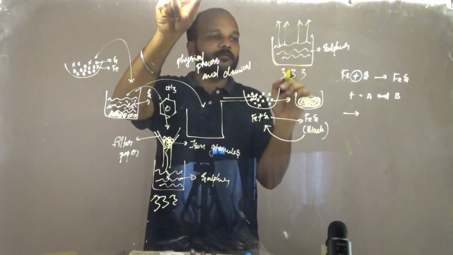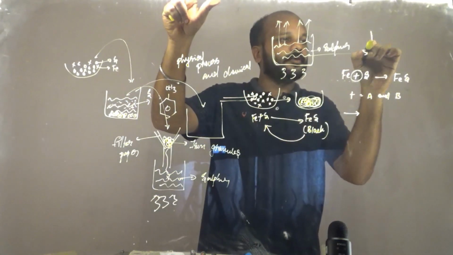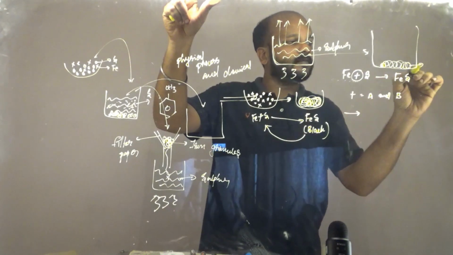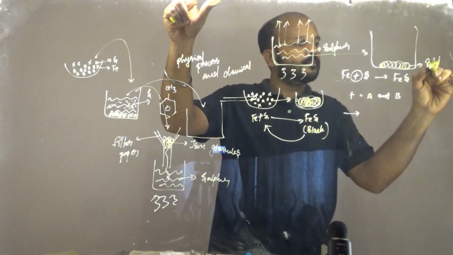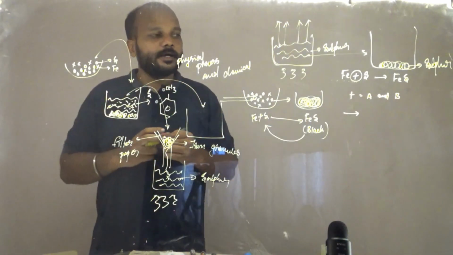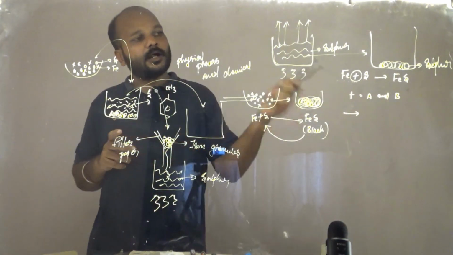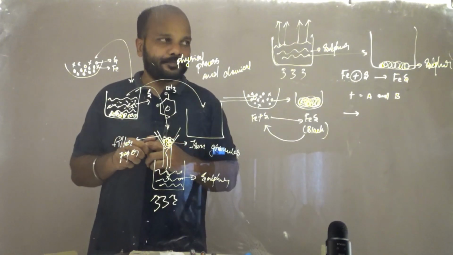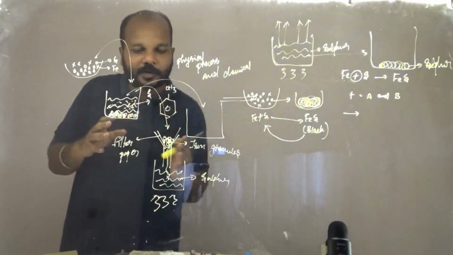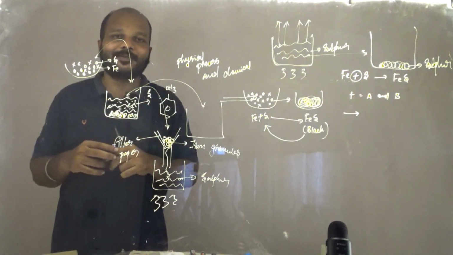After some time the sulfur remains at the bottom. So this is sulfur, and all the methyl benzene has gone out. You can easily separate sulfur, and through filtration you can easily separate iron granules.